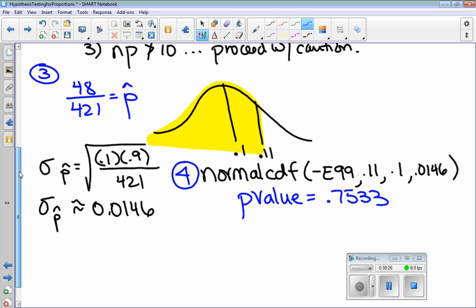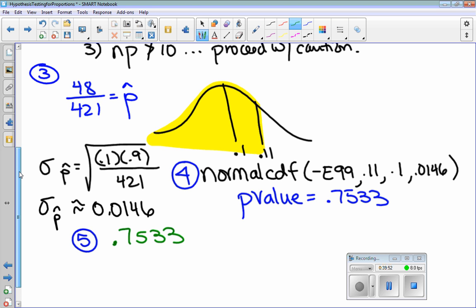Okay. Well, we need to compare that to, for step 5, I'm trying to write them in color here. I'm going to compare my p-value to what? What did I tell you to compare it to? What kind of a confidence interval did we create last time? 95%? 90%? I don't know. Which one did we do?